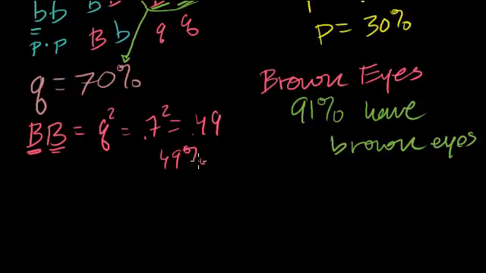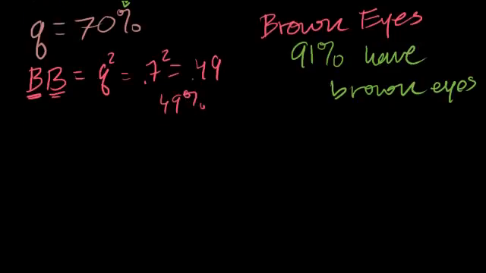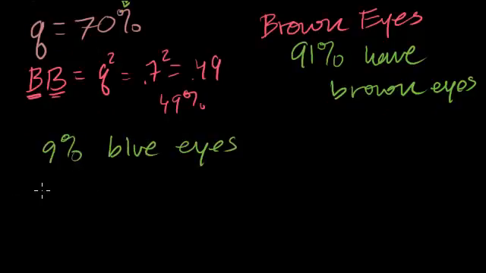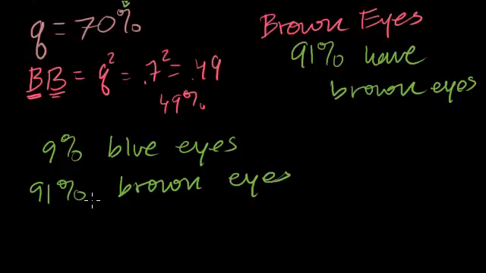So just starting from that one idea, that 9% have blue eyes, we've already been able to deduce that 91% must have brown eyes. And of the 91% of the brown eyes of the whole population, 49%, this isn't 49% of the 91, this is 49% of the population, are homozygous dominant.